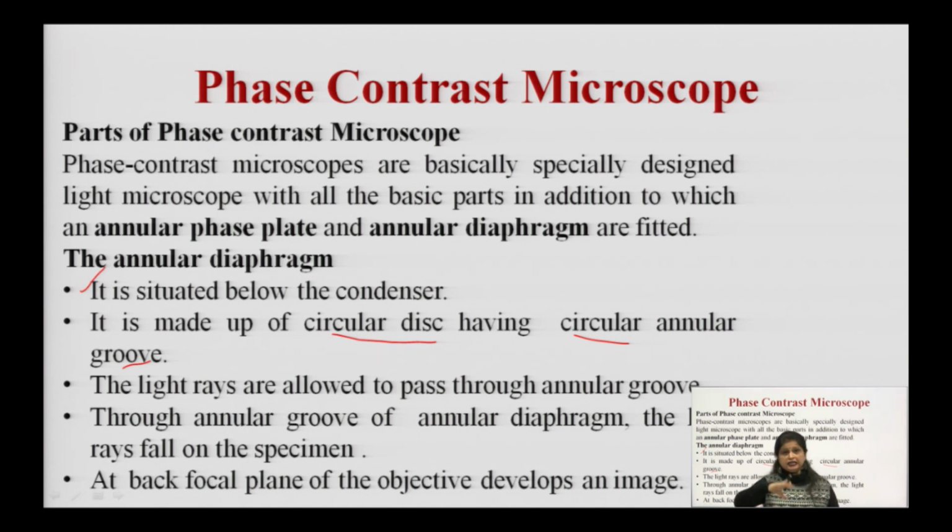The whole disc will be dark, but it has some grooves through which light can pass, and that light is condensed with the help of the condenser onto the specimen. It will not pass through the whole slide, only through the specimen, so the specimen will be brighter and the whole background dark.